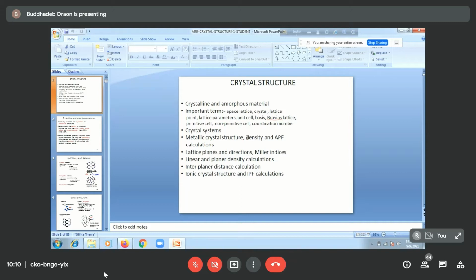We will be interested in studying the mechanical properties. Some of the structures relevant for us are crystal structure, grain structure, microstructure, and also phase structure. These structures will be relevant for us to understand the mechanical properties of materials.